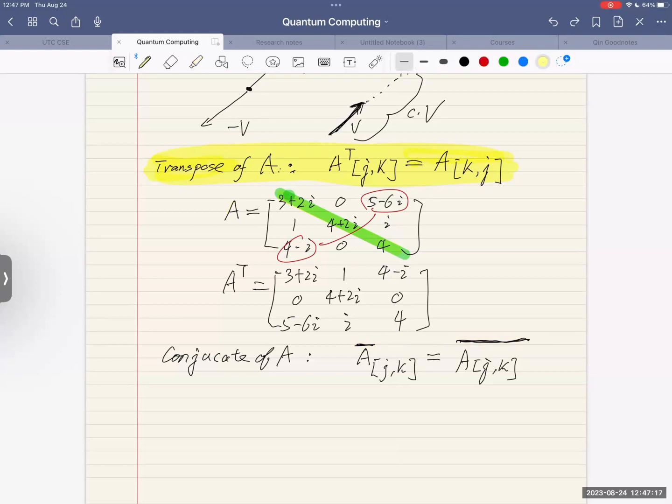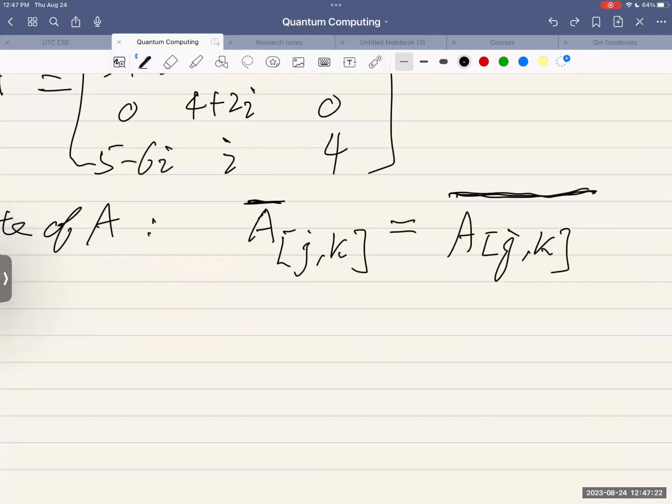So on the left, this means the J, K element of the conjugate of A. On the right-hand side, this means the JK element of A, then conjugate.